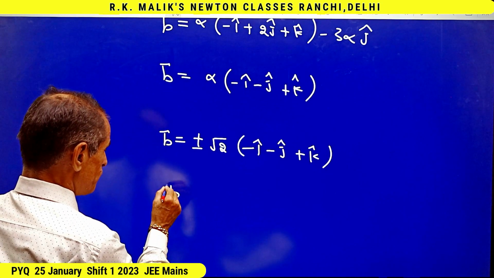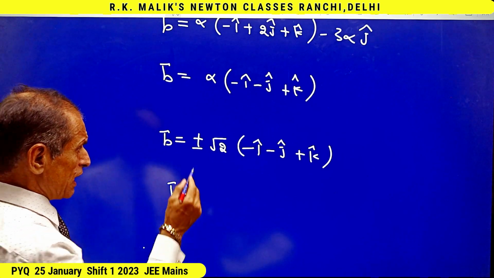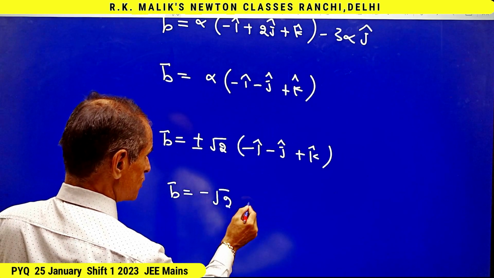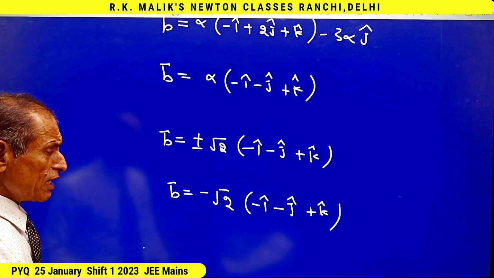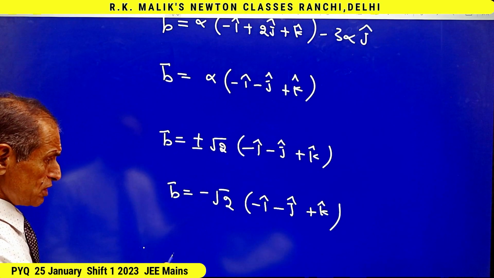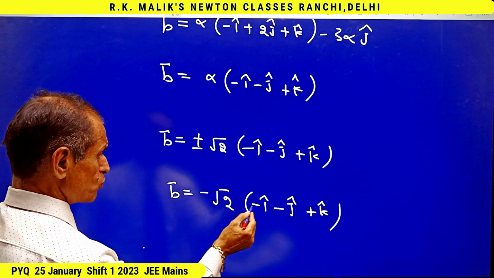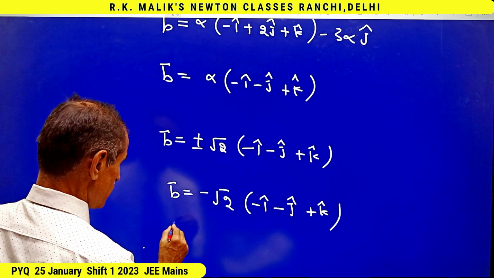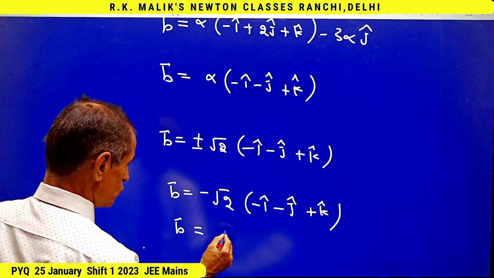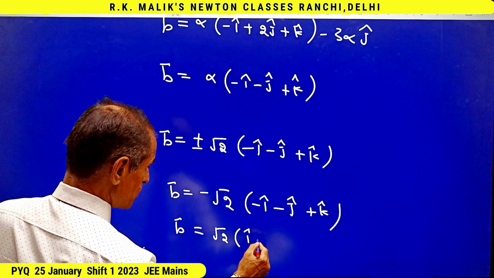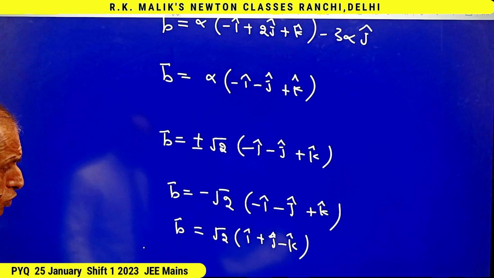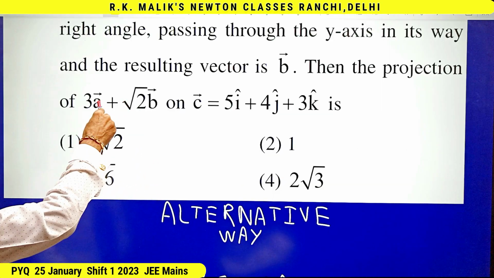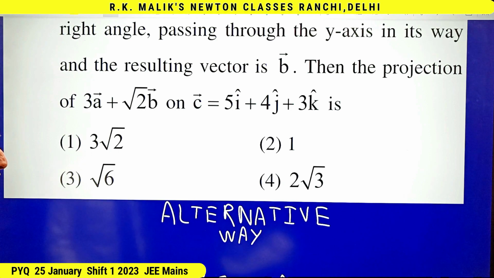Hence, for finding the correct value of B vector, I will have to take minus root 2 outside, because I require the coefficient of j as positive. Hence the value of vector B becomes root 2 into i plus j minus k. Once the value of vector B is known to you, further it is easy. Put the value of vector B here, and the remaining procedure is the same as I told you in the previous way.